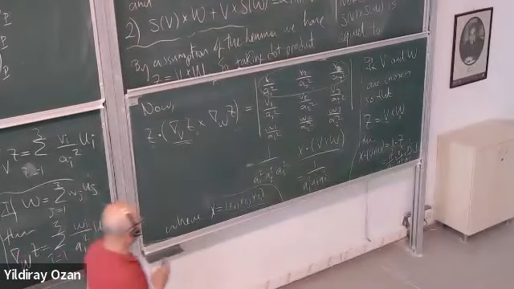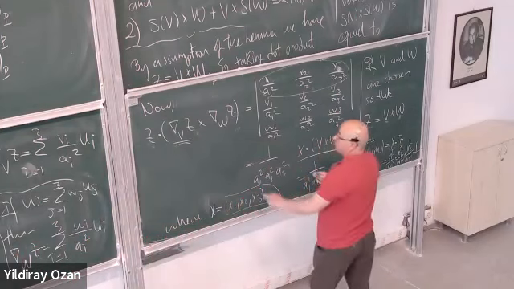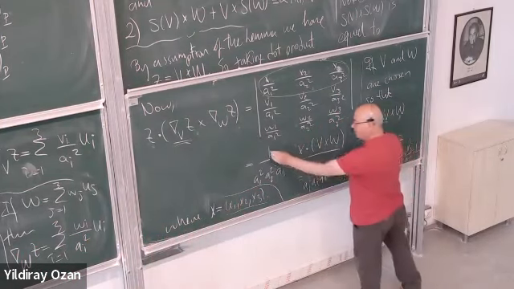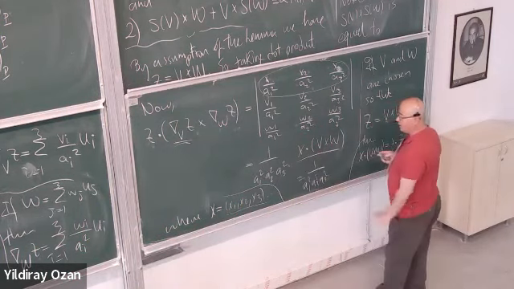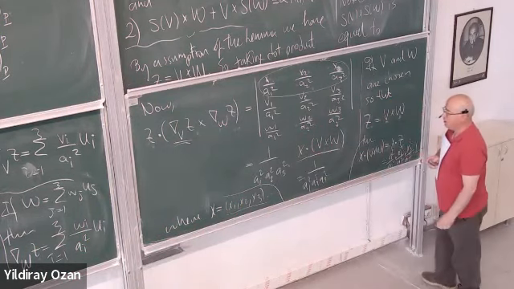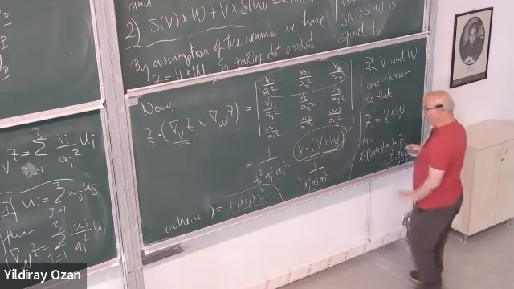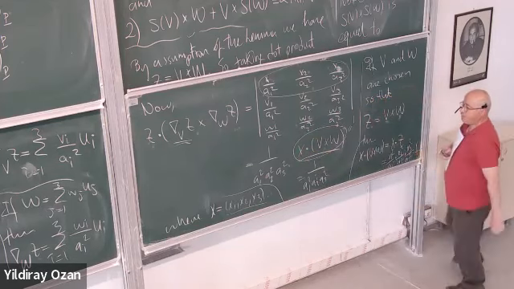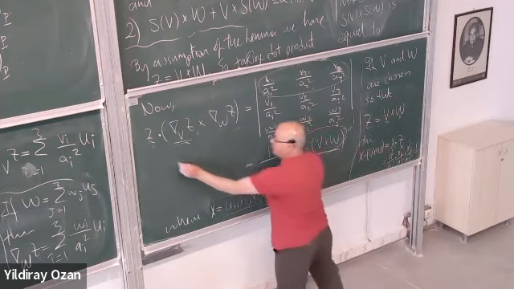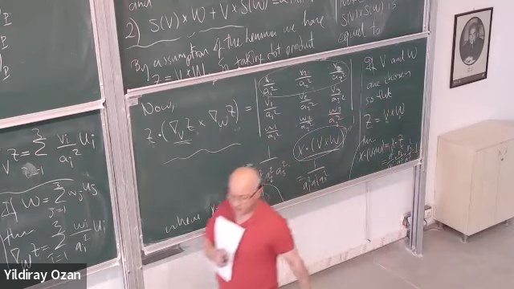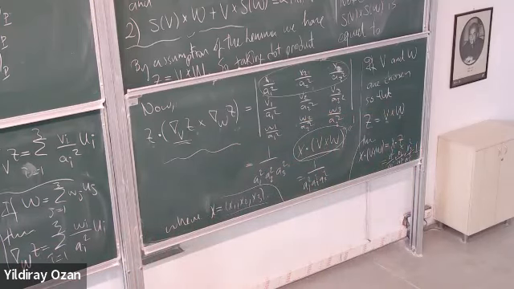Okay, let me repeat. Right, we computed this. It is this scalar times this scalar, and this scalar is just computed to be 1. Therefore, this expression is just 1 over a1 squared, a2 squared, and a3 squared.